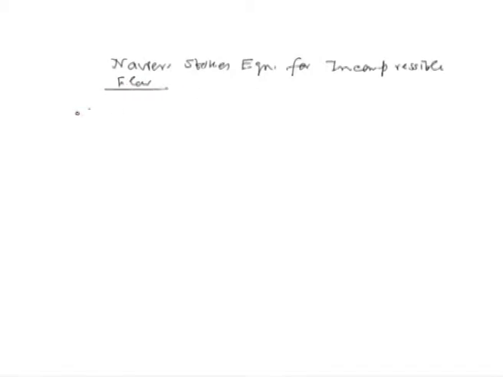So, our continuity equation is simply divergence of V is equal to 0, or in indicial notation we can write it as del V i over del x i is equal to 0.